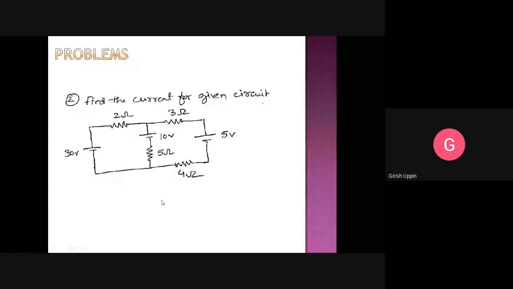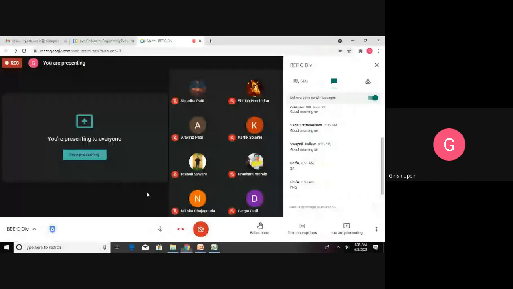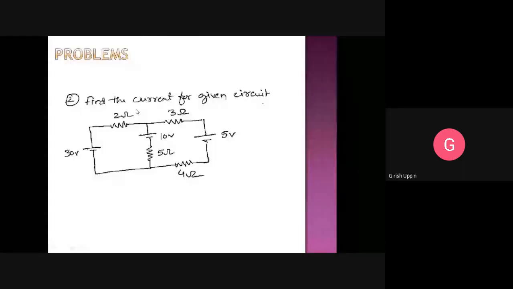Shifa? I1 minus I2, correct. So if this is the current I1 that is flowing, and you mark this as I2, then I1 minus I2 current will flow in this branch.